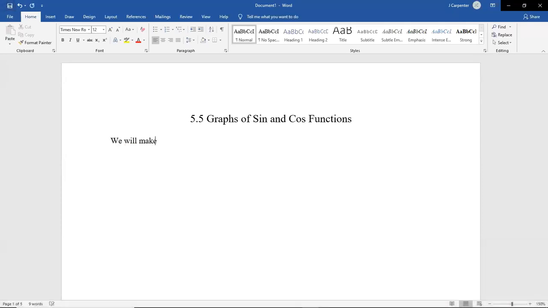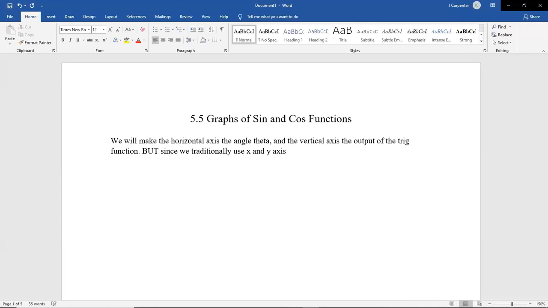So we will make the horizontal axis the angle theta, and the vertical axis the output of the trig function. But since we traditionally use x and y axes, we'll use these as the input and output variables.